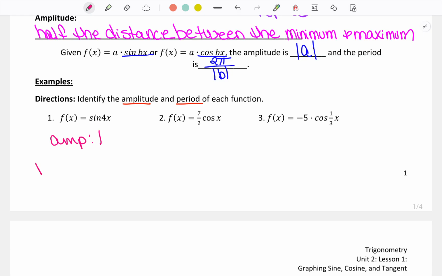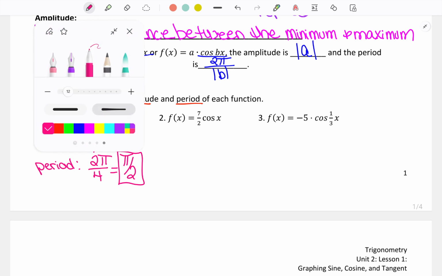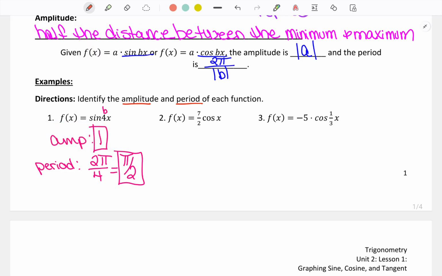And then our period is going to be 2 pi, and then that b value is 4, so 2 pi over 4, and that is going to simplify to pi over 2. So that means that it will only take half of a pi in order for this function to repeat.